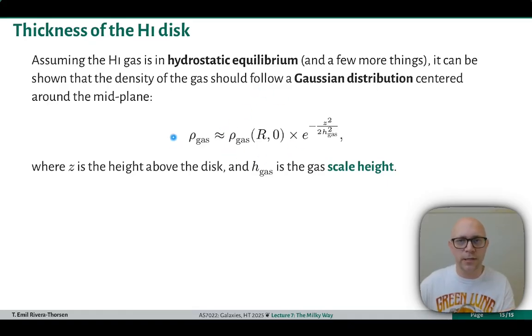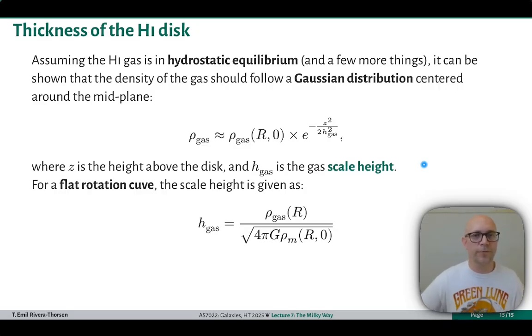So this is as a function of height above or below the galactic plane, but this value here is then unique for any location within the galactic plane and the regions immediately above and below it. And as you can see, Z here is the height above or below the disk, and H gas is the gas scale height.